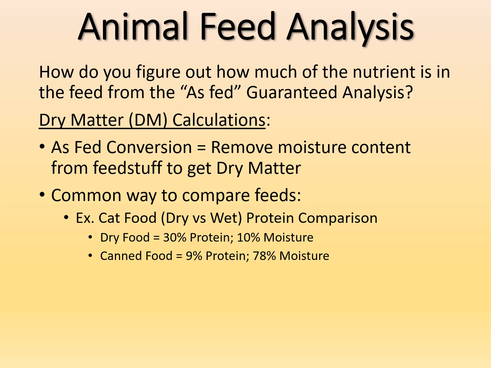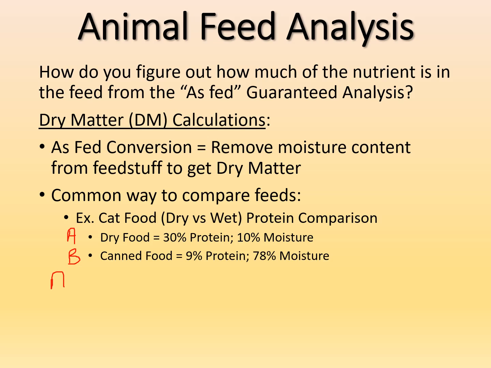It looks like the dry food has more protein because it has 30% versus only 9%. But the canned or wet food has a lot more moisture, so it throws off that value of the protein. So the first thing we have to do is take the moisture out. Let's call the dry food diet A and the canned food diet B.